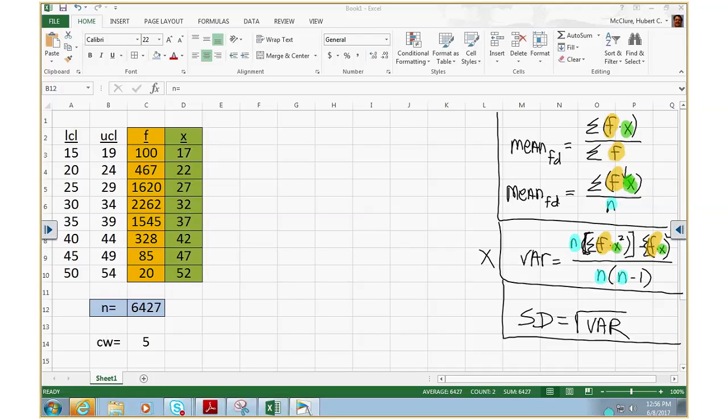The only thing is, you have to organize it and do it like the formula tells you to do it. So I'm going to go over here, and I'm going to make a column right here called F times X. Why? Because your formulas need F times what? X. Yep.